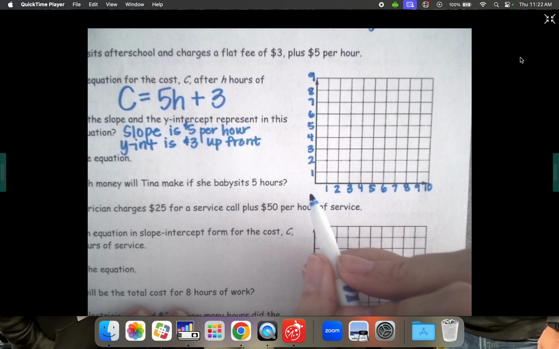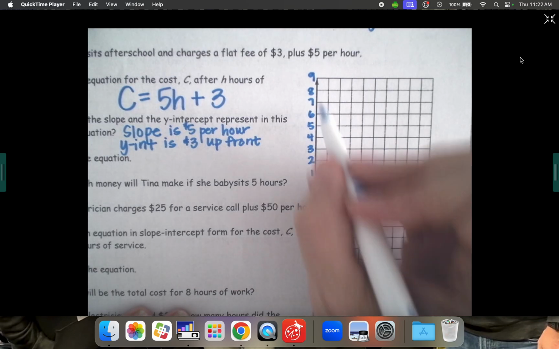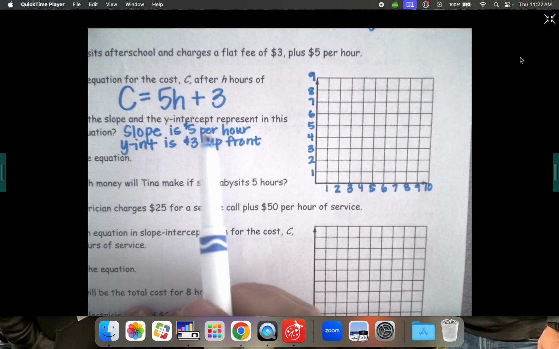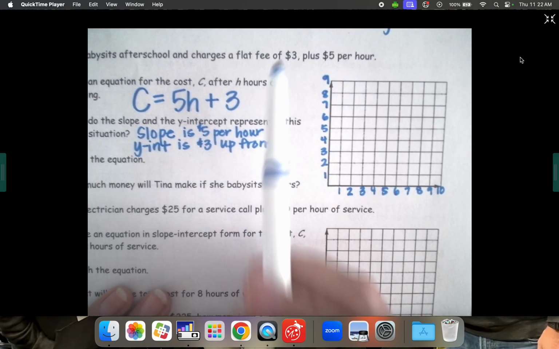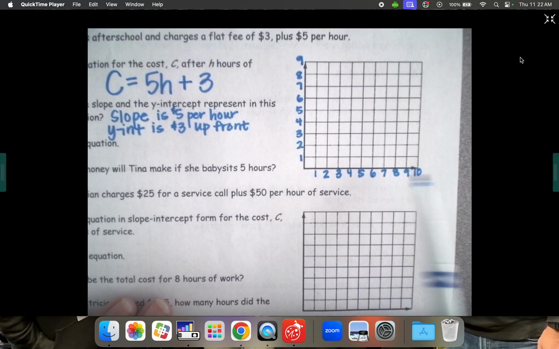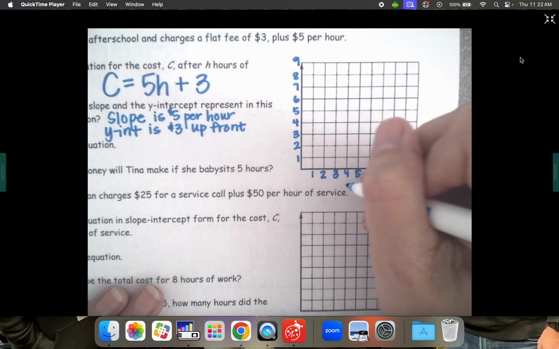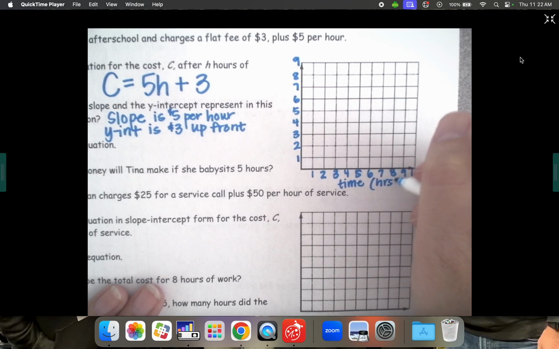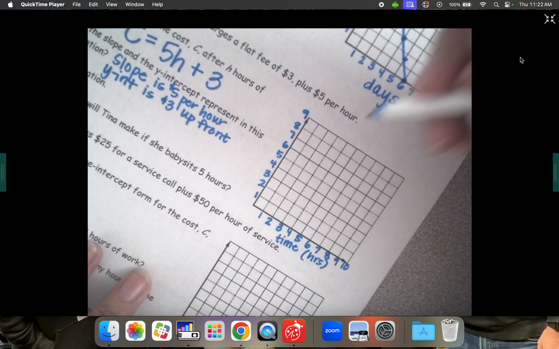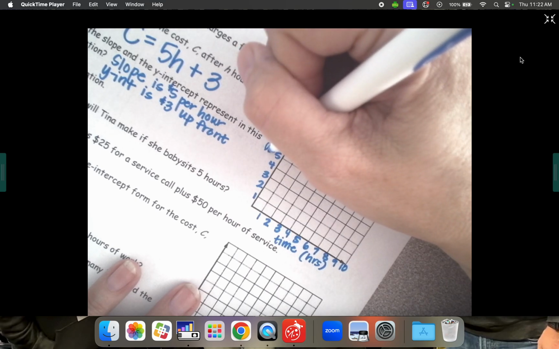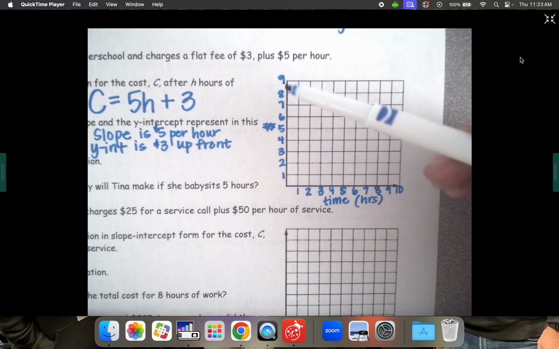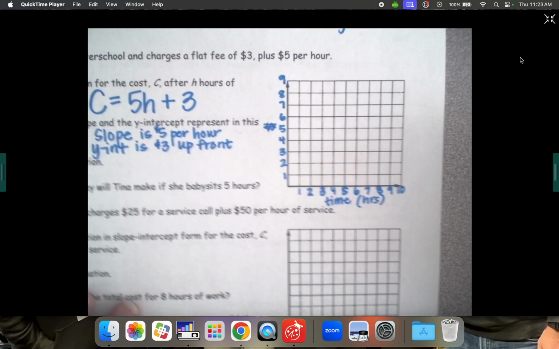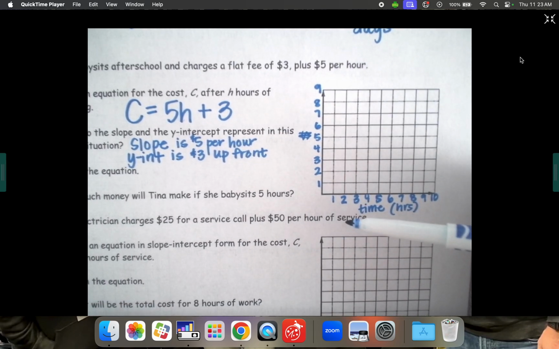I've told you guys this before, but if you are wondering which axis represents hours and which one represents money, anytime you have time, it is always independent in math. So we're going to put time on the bottom, and that is hours. And if you're ever measuring dollars, that's always going to be dependent, because you always make an amount of money depending on how many hours you spent working.